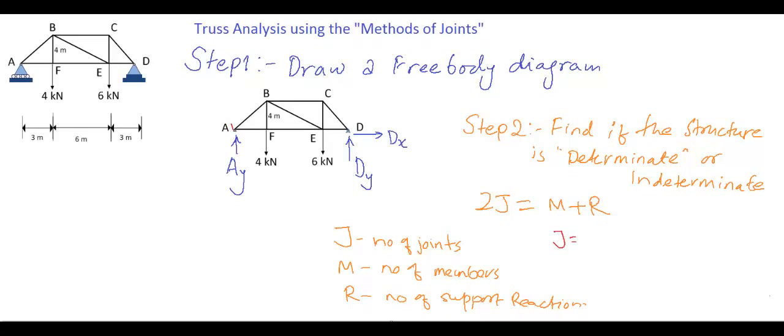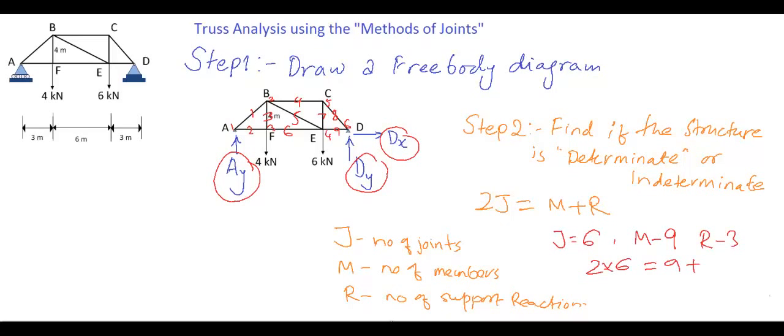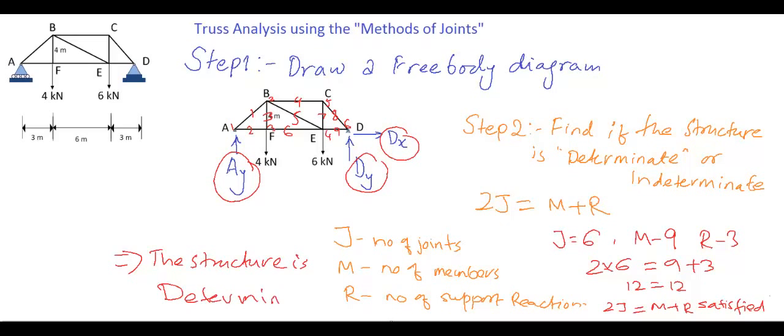So in this case, J equals 1, 2, 3, 4, 5, 6, M equals 9, and reactions 3. So 2 times 6 equals 9 plus 3, which satisfies the 2J equals M plus R equation. So the structure is determinate.